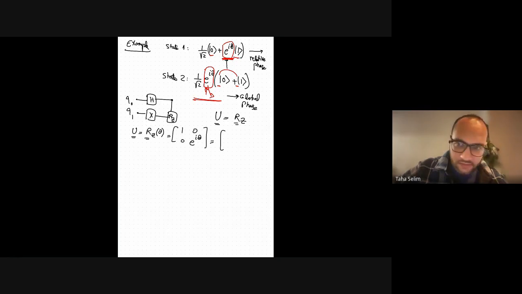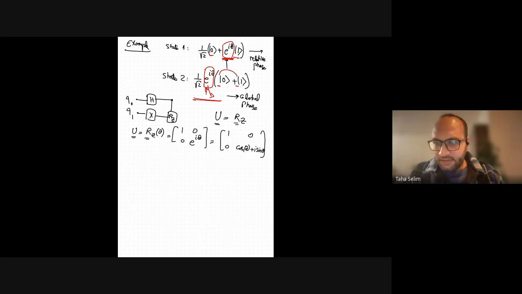That will equal 1, 0, 0, cosine theta plus i sine theta. Okay, so do you follow this?